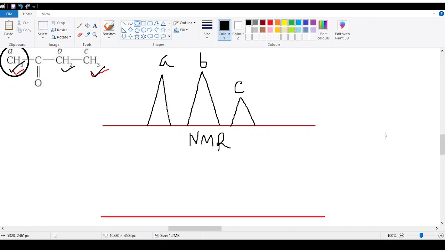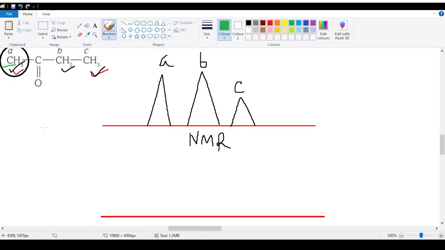Now, what I want you to tell me is, those three hydrogens are joined to a carbon atom, right? Now, what is the neighboring carbon atom to that carbon atom? The carbon atom that those hydrogen atoms are joined to is this one, right?